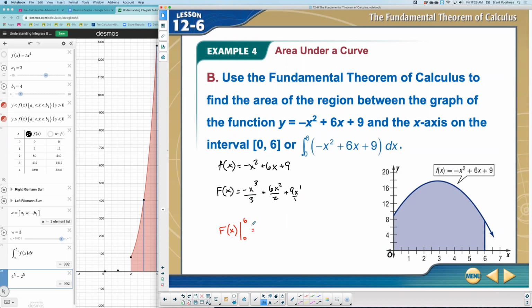So I'll plug in 6 first, negative 6 cubed over 3 plus 6 times 6 squared over 2. I should have probably put that in parentheses. I didn't reduce this. Let's reduce what we can reduce right here to a 3.